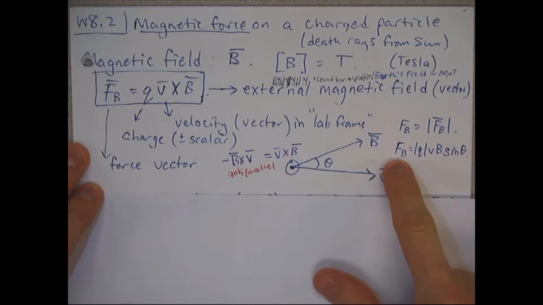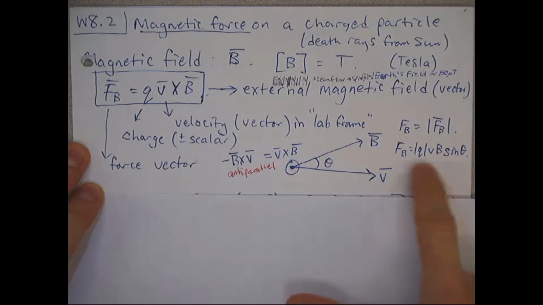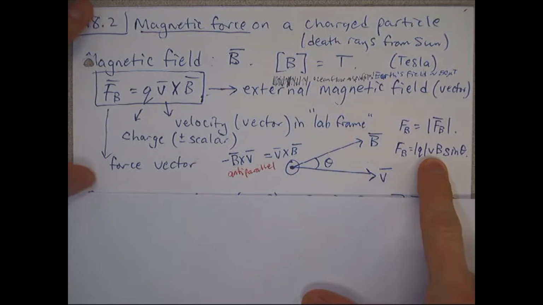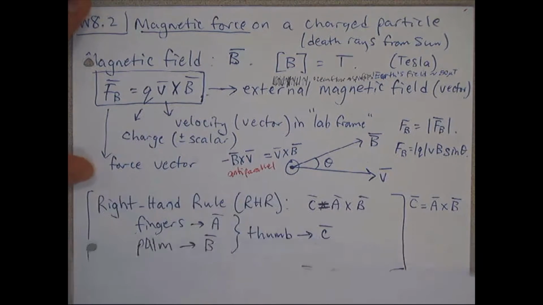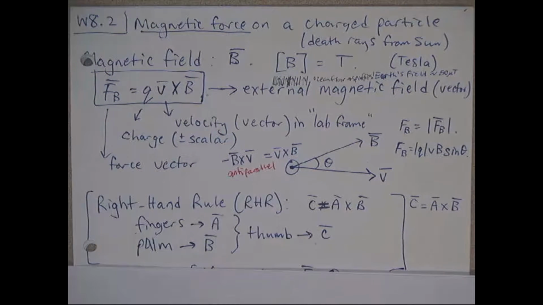In magnitude, that force will be Q magnitude, speed V, magnetic field magnitude B, times the sine of the angle between the vectors. Of course, we're just applying the usual right-hand rule for cross product.